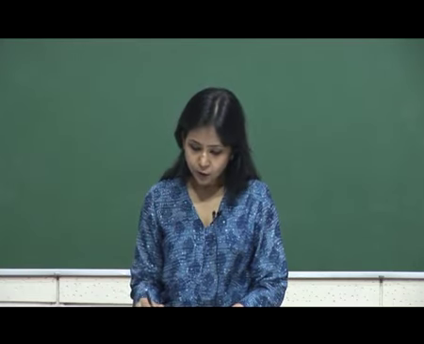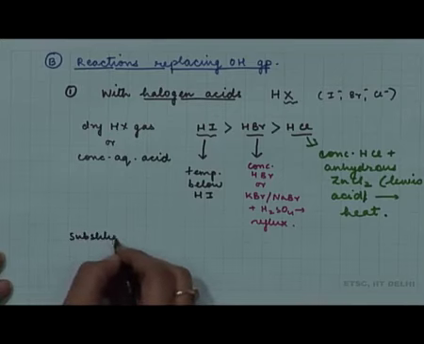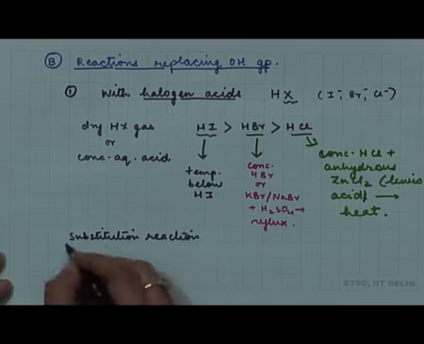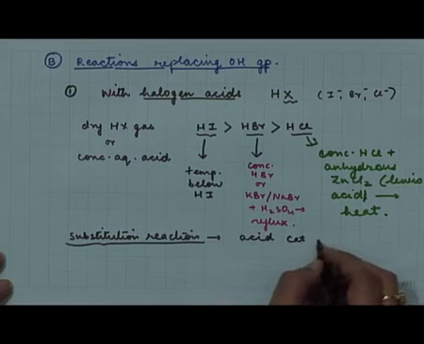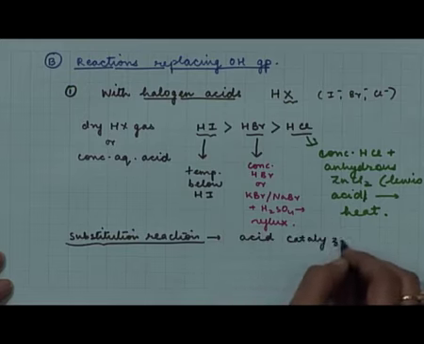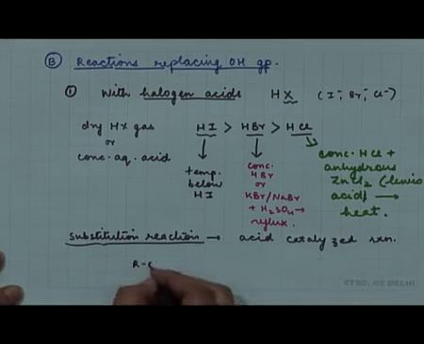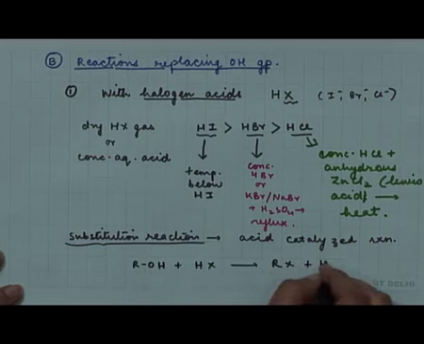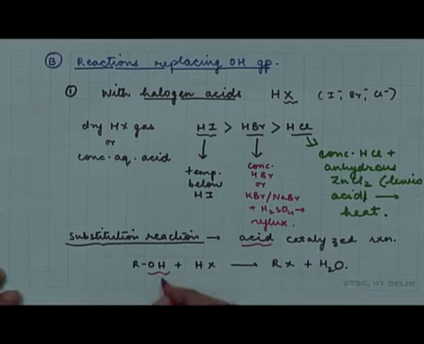Okay. So the reaction is a substitution reaction, you would have guessed by this time, okay. And since we are using an acid, this reaction is also an acid catalyzed reaction, okay. Reaction with halogen acids is an acid catalyzed reaction. So what is the need of an acid? You are working with an alcohol, you treat it with HX, you are getting the corresponding halide with the elimination of a water molecule. But we say it is an acid catalyzed reaction. The reason for using an acid here is that the acid protonates the alcohol, okay.